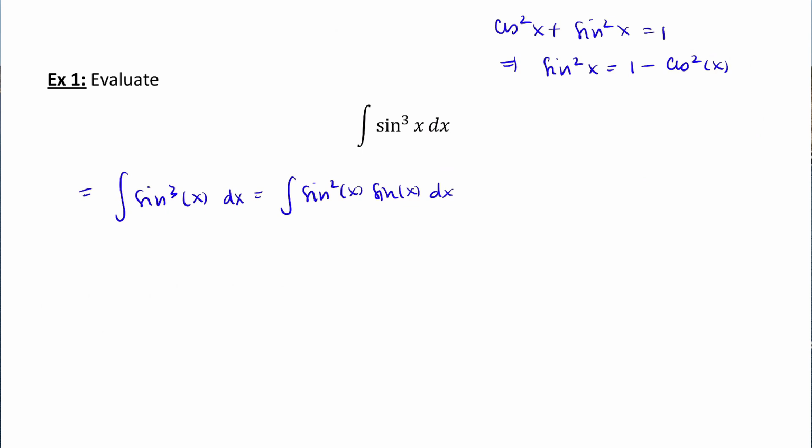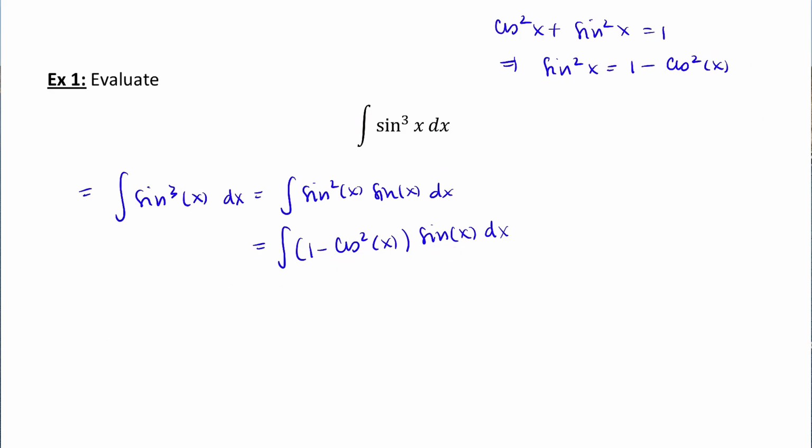So by substituting my sine squared with 1 minus cosine squared of x, times sine of x dx, now it looks like, hey, here I have cosine and here I have the derivative, which is sine.